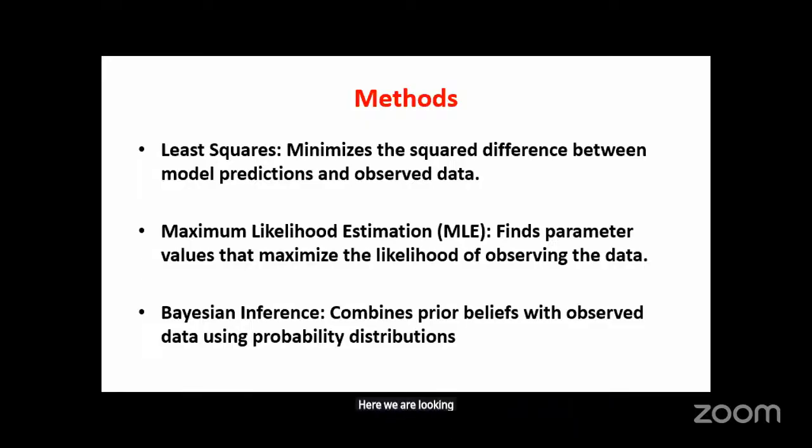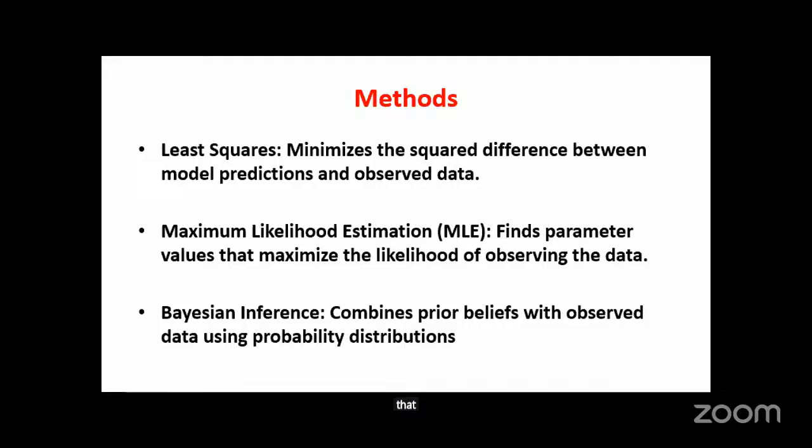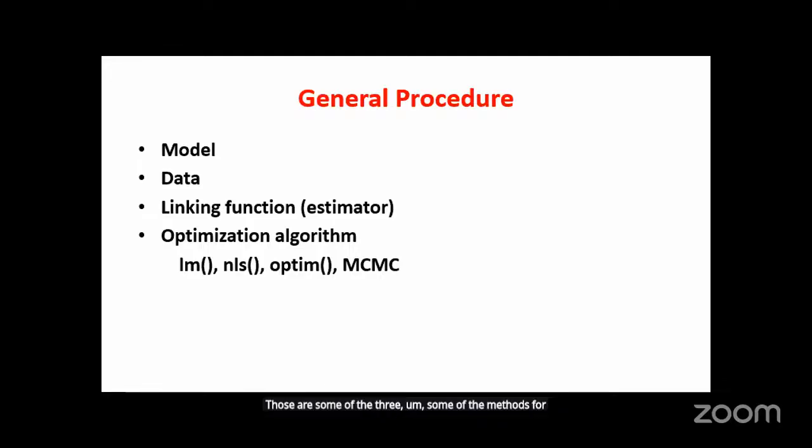Here we are looking for parameters that maximize the likelihood of having the data. Then we also have Bayesian inference that combines prior belief and the data to give us posterior distributions. So those are some of the methods for parameter estimation.